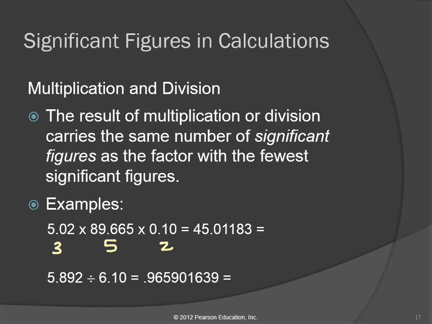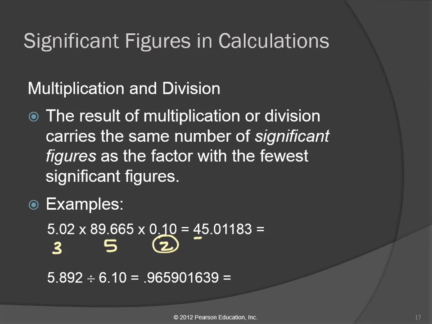This is the easy part. 3, 5, and 2, which one's smaller? 2. So we identify how many sig figs in each of those numbers that we're multiplying or dividing. We figure out which one has the fewest, and that's how many sig figs our final answer will have. So we need to take this number, 45.01183, and round it to 2 digits.